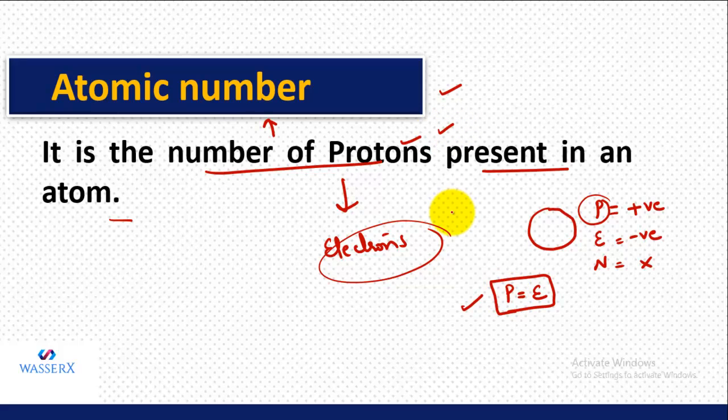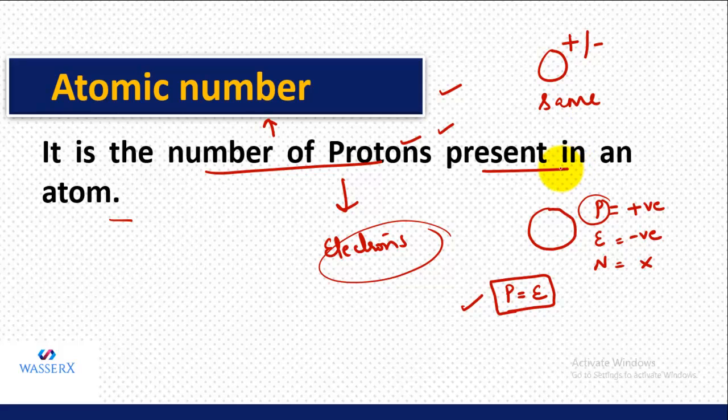The reason being that we do have the existence of ions in nature. And you know that an ion possesses a certain charge, positive or negative. So, when an ion is formed, either it loses electrons or it gains electrons. In that case, the number of electrons gets changed. But the number of protons remains the same whether it is an atom or an ion.